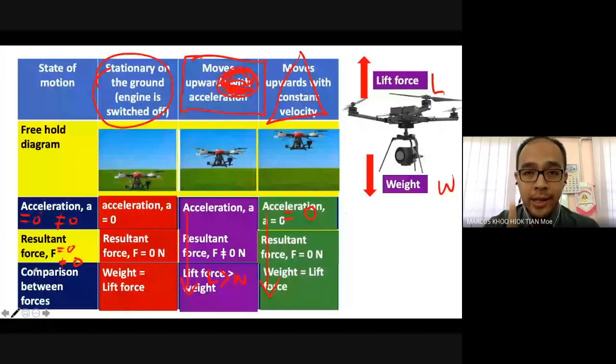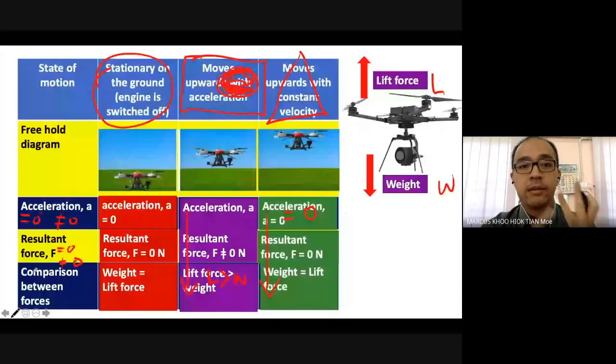The thing that determines whether there is a resultant force or not is acceleration. As long as there is acceleration, there is a resultant force. If there is no acceleration and the thing is moving, no acceleration means the resultant force is 0. All the resultant forces combined add up to zero. It's the single most important thing that you must remember from today's lesson.